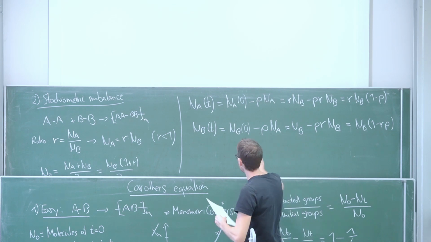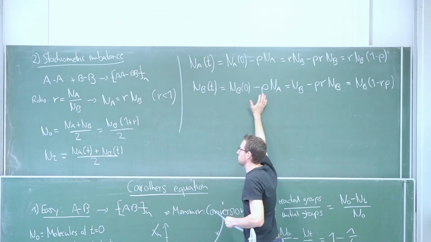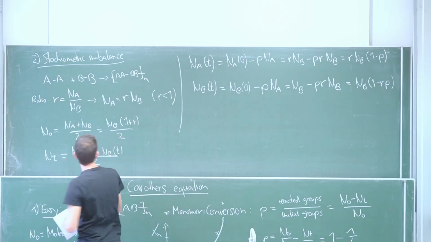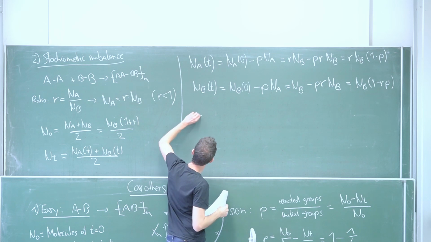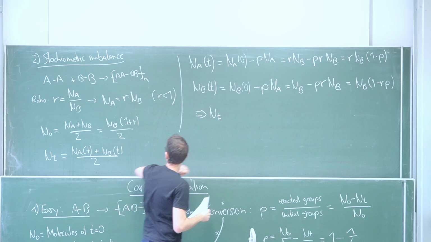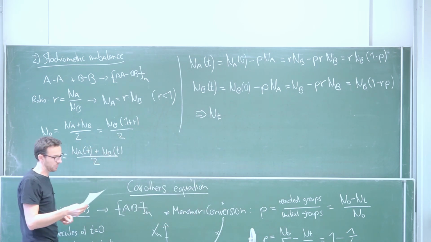So now we are almost done. Here's already the expression we are looking for, Nt. So Nt is the number of A at a certain time t plus the number of B at a certain time t, divided by 2.